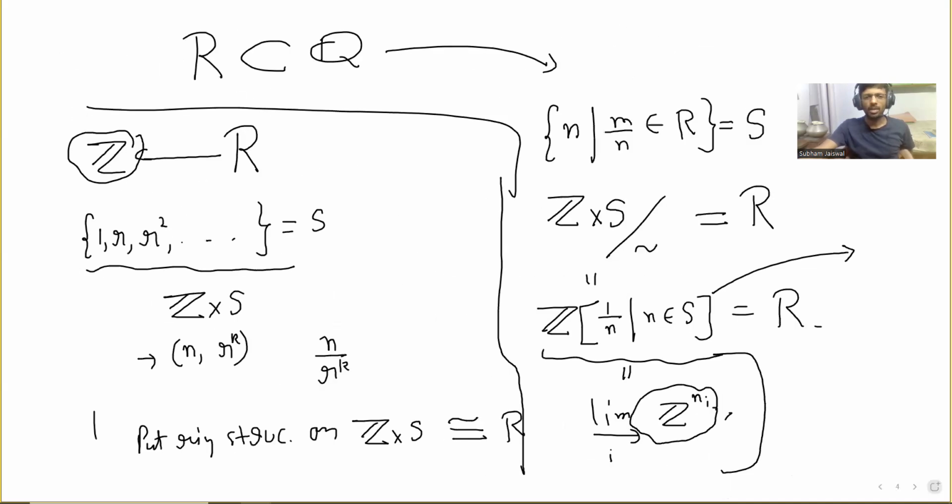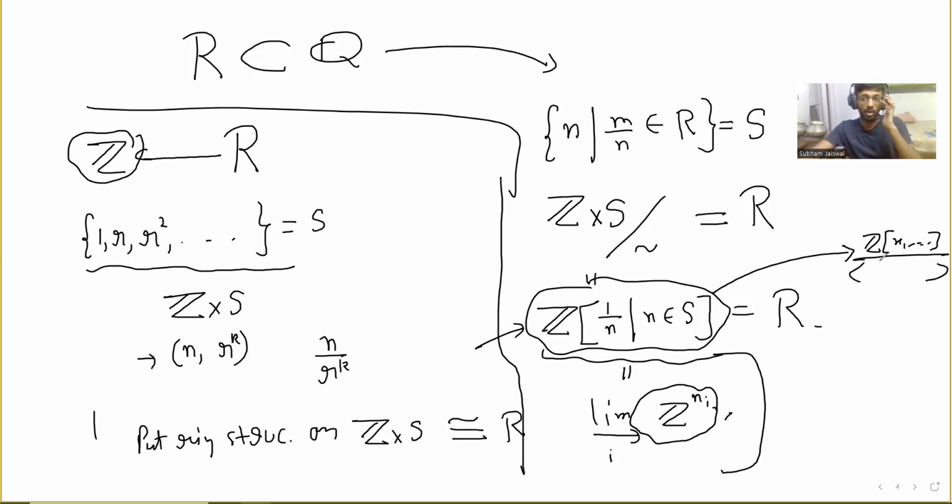What I'm saying is that this particular thing also, you could have written as Z with infinitely many variables, one variable for each n, and then put the appropriate relations. So you could have written this thing as a quotient of this infinite polynomial ring.